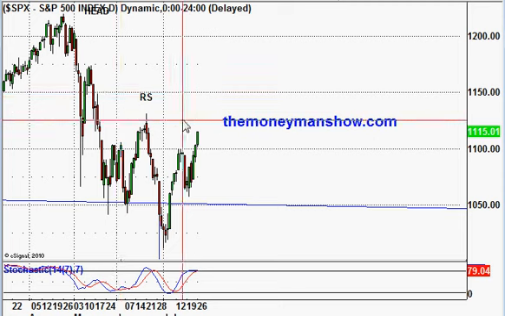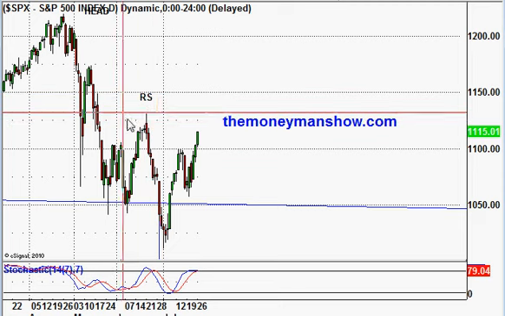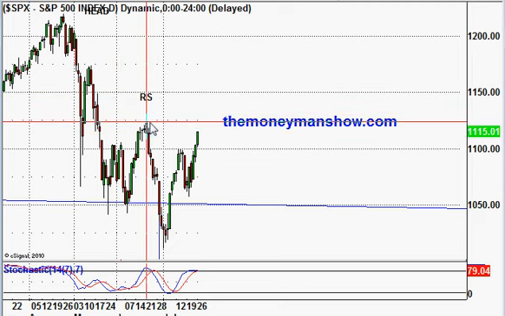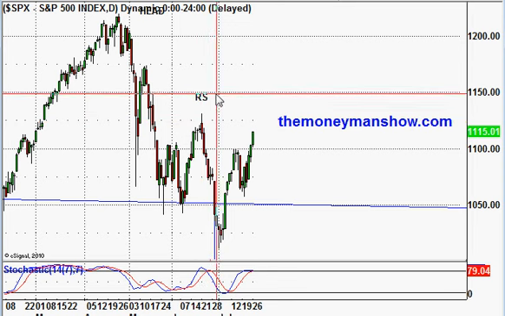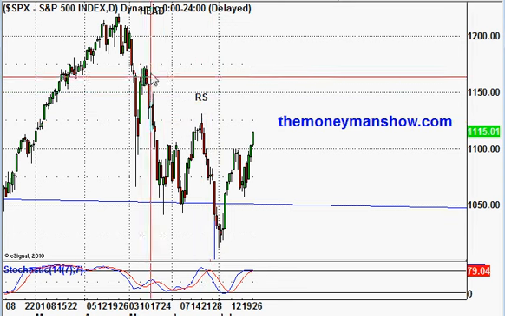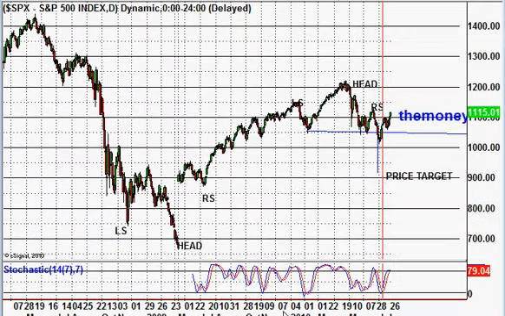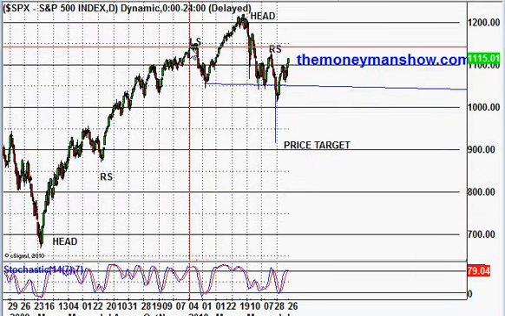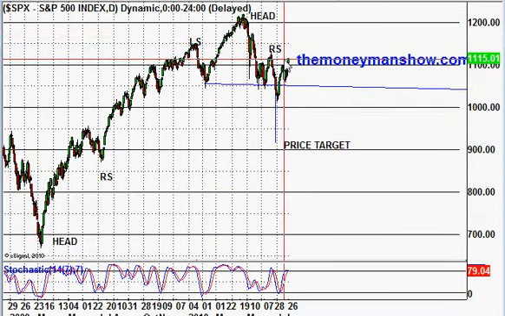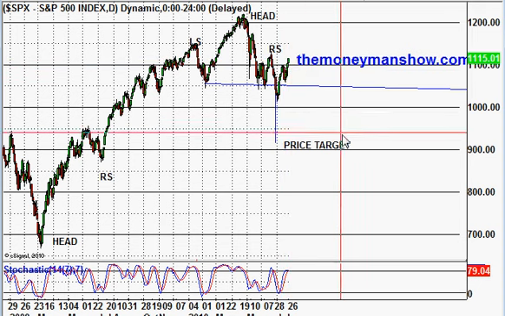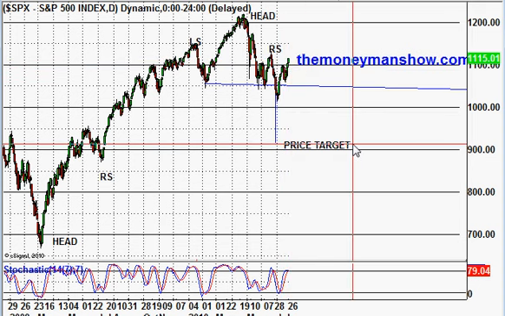I do believe it will not go through this high, but it can go, and the next target would be this high. However, remember, this is head and shoulders. I believe this will go and make our move.